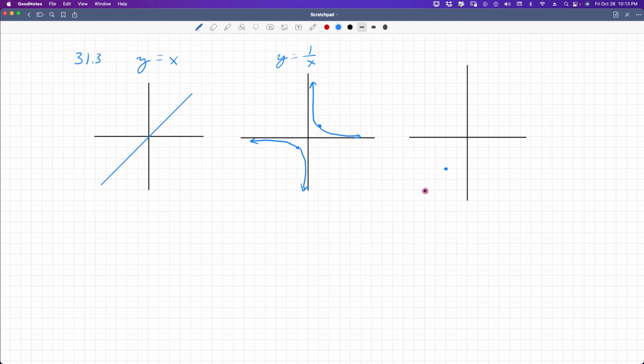So that means we will come right up against this axis and go this way, and come right up against this axis and go this way. And this one will come right up against here and go this way. Maybe not quite as straight of a line, more of a curve like that. And then this will be more of a curve like that.